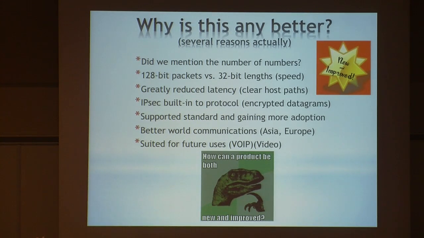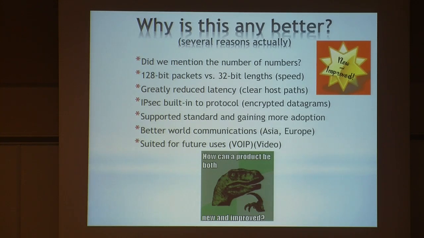It's also better world communications if you're running IPv6. Asia does not have a huge amount of IPv4 addresses. Why? Because they've only really come online in the past 20 years. We've been using the internet for the military, for universities and that sort of thing. Europe doesn't have a huge block of IPv4 addresses either.